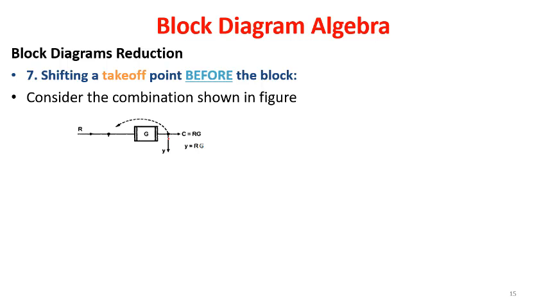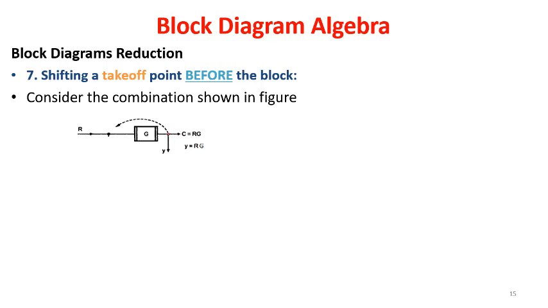At this takeoff point we are taking a signal out. If we are not taking off, the input for this block is R, so the output here will be C equal to RG. And if I am tapping here and taking out signal Y, what will Y be? Y also will be equal to R into G.